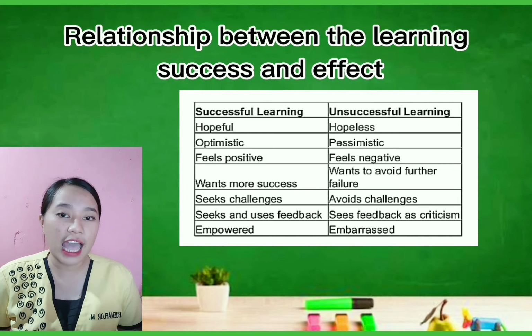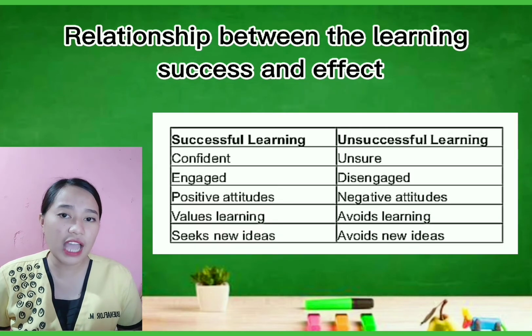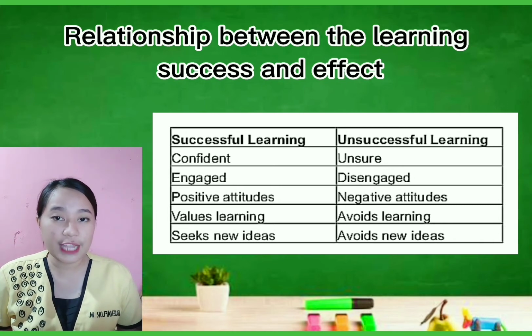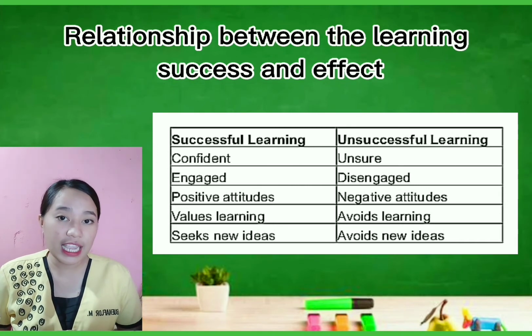Then we also have empowered, and for unsuccessful, it is embarrassed. We also have confident, engaged, positive attitude, values learning, and seeks new ideas. And for unsuccessful learning, it is categorized into unsure, disengaged, negative attitude, avoids learning, and avoids new ideas.